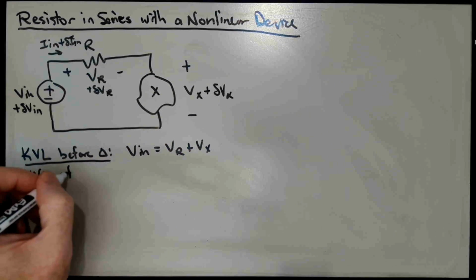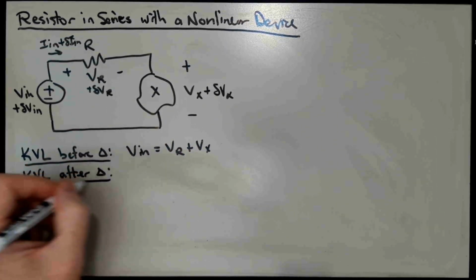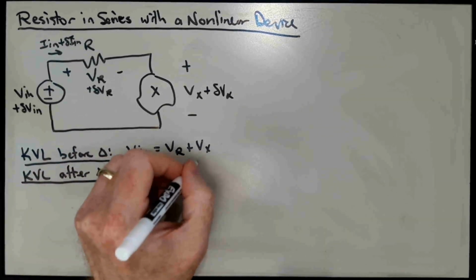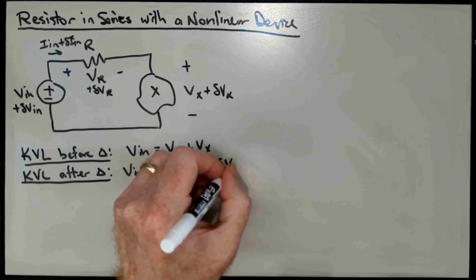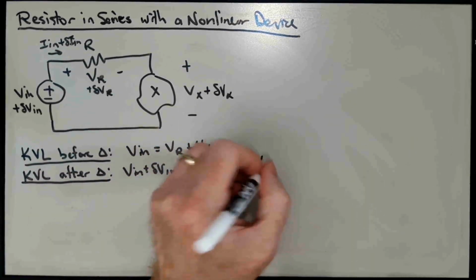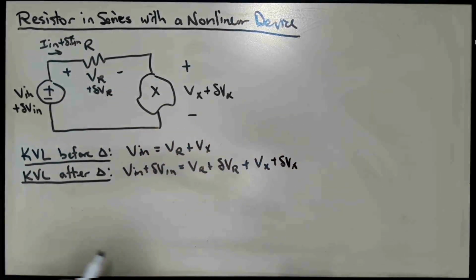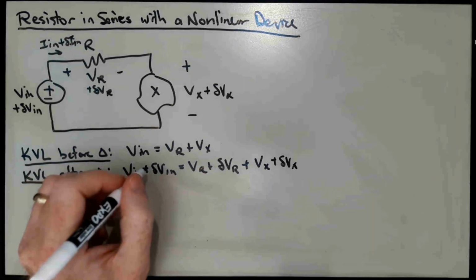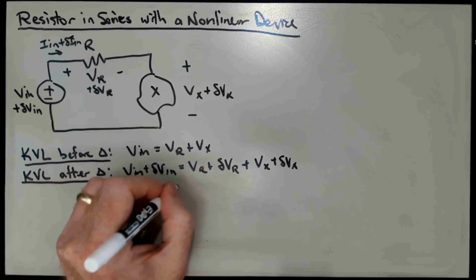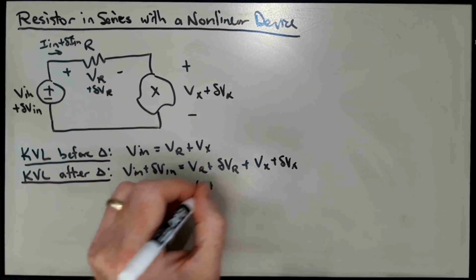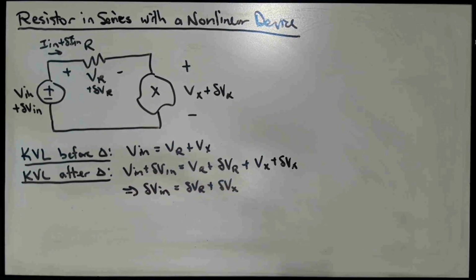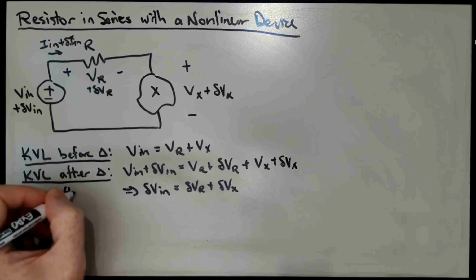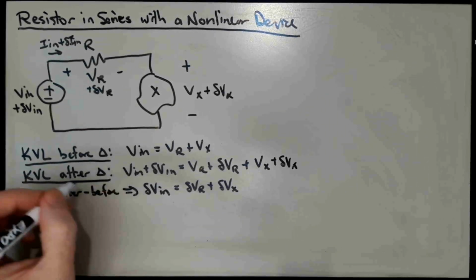KVL after the change tells us that Vn plus delta Vn is equal to Vr plus delta Vr plus Vx plus delta Vx. And if we subtract the before from the after, we get an incremental KVL, which says that delta Vn is equal to delta Vr plus delta Vx.